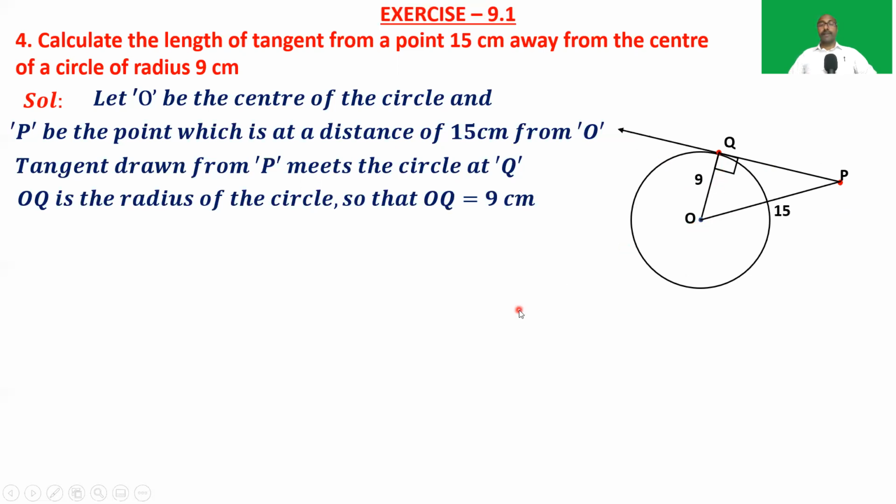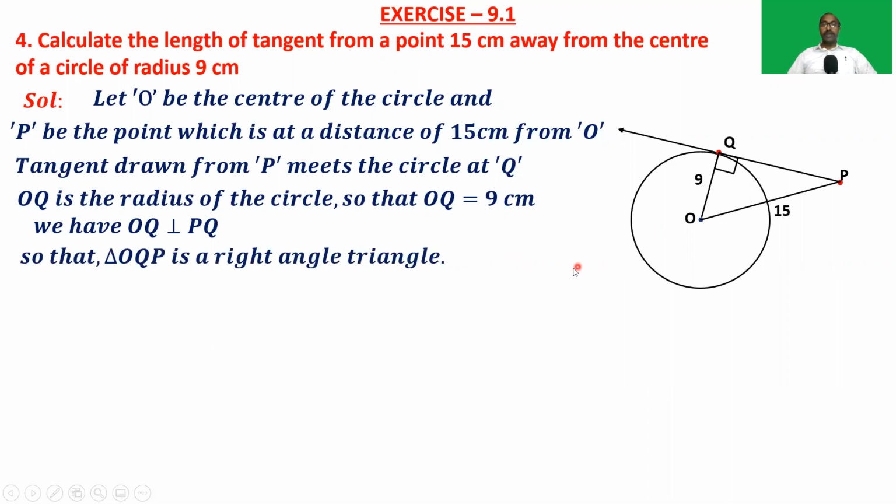Now we have OQ perpendicular to PQ. So triangle OQP is a right angle triangle. So by Pythagoras theorem, we can write that OP square is equal to OQ square plus PQ square.